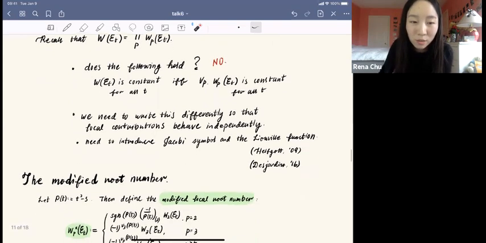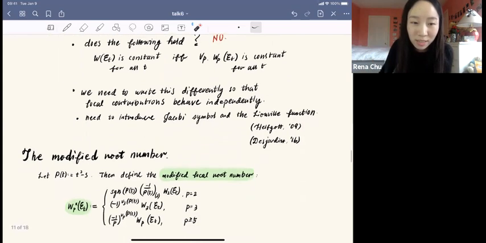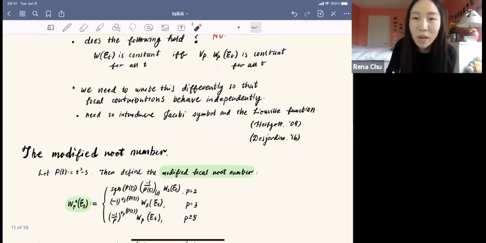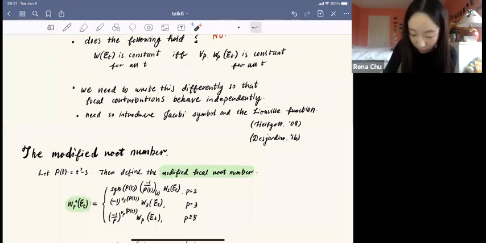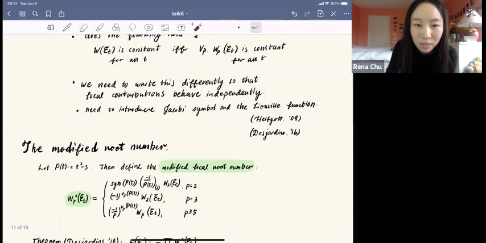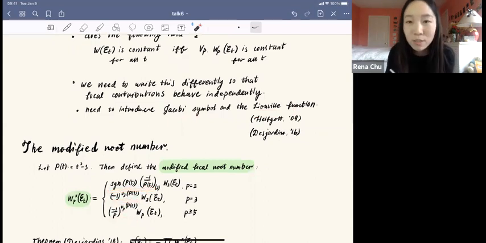What this process of rectification gives us is something we call the modified local root number. So now we're working with w_p with a star here. And as you can see, by adding these extra symbols, now we have sort of like a corrective function in front of the local root numbers.